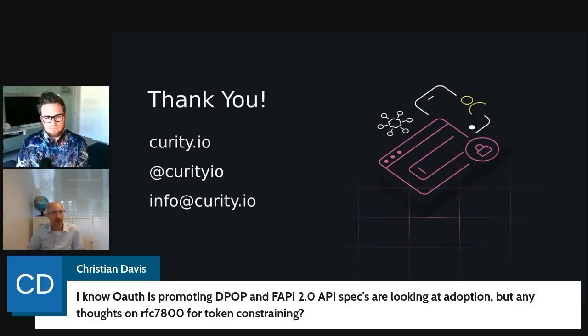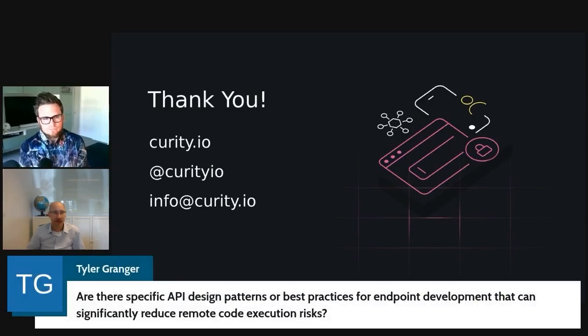And all of those ideas, I wouldn't say were abandoned, but they were proven not to be the best way forward. And so what the industry and the community coalesced around was DPoP and mutual TLS, and there really aren't alternatives to that right now. So 7800 is not an alternative.